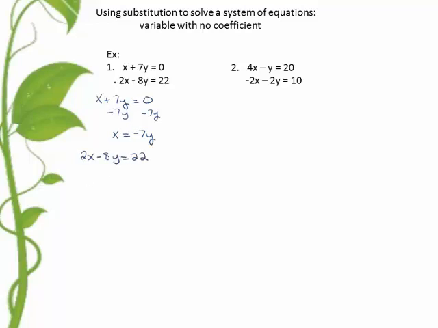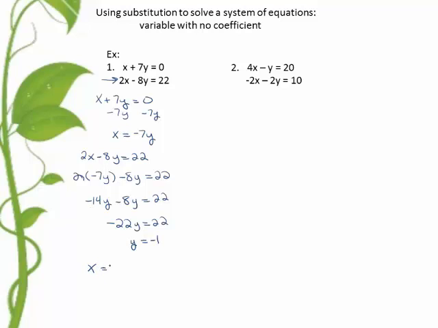I have 2x minus 8y is equal to 22 from the other equation. x is the same thing as negative 7y. So I have negative 14y minus 8y is equal to 22. 14 and 8 is 22, so I have negative 22y is equal to 22, and that means that y is equal to negative 1.